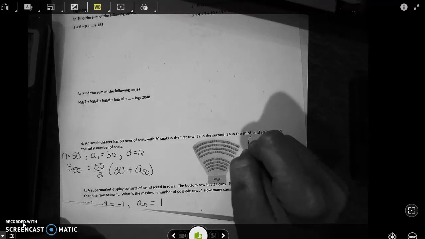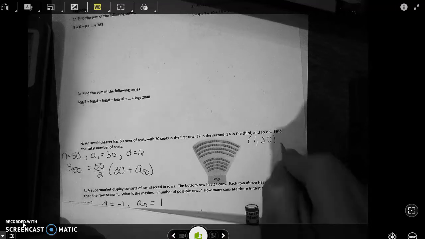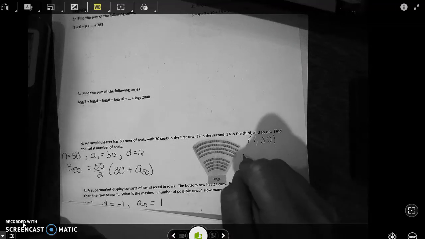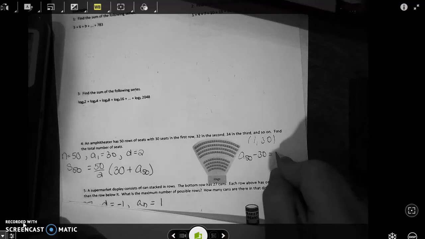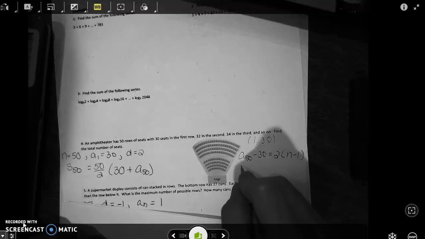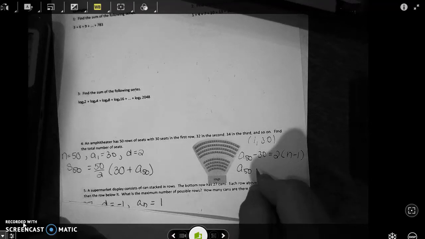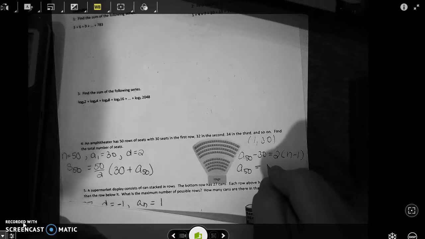So I'm going to use the fact that the first row has 30 seats. And so A sub 50 minus 30 will equal the common difference, or the slope, times n minus 1. So A sub 50 will equal, and I do know what n is.